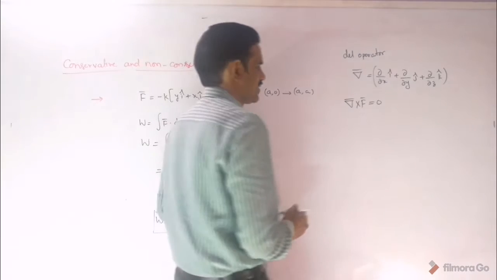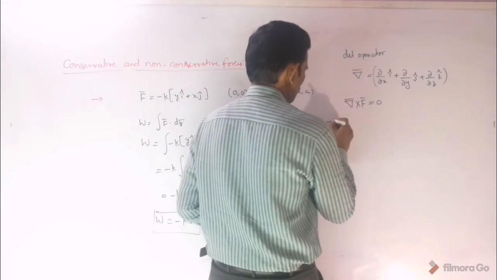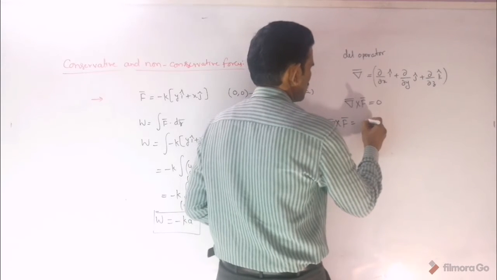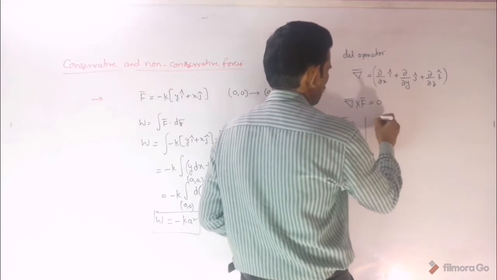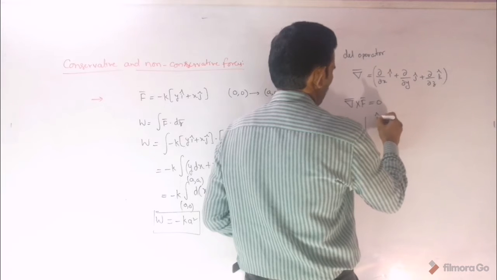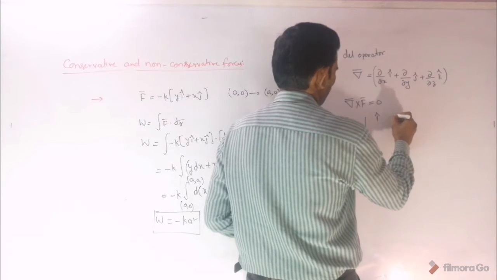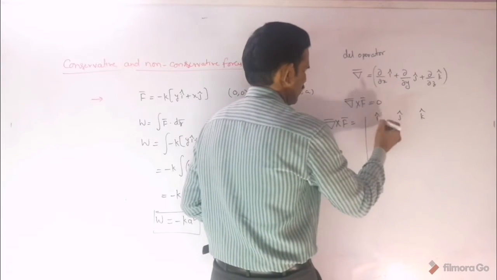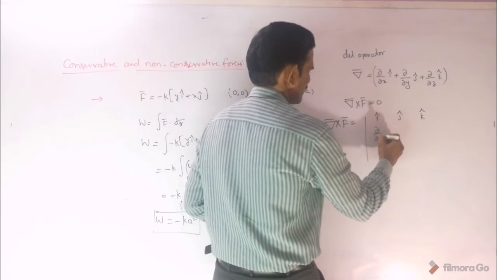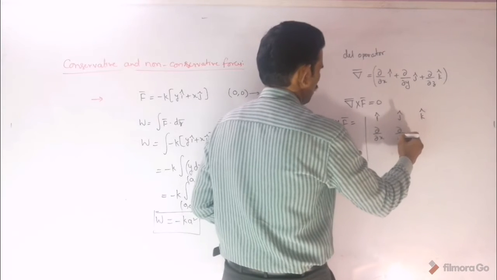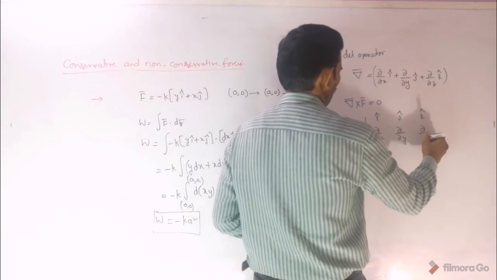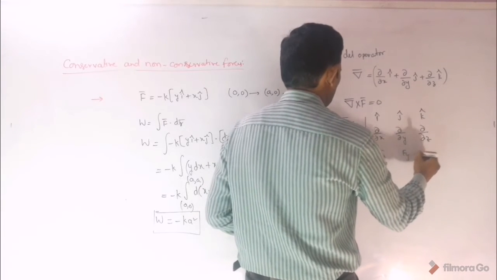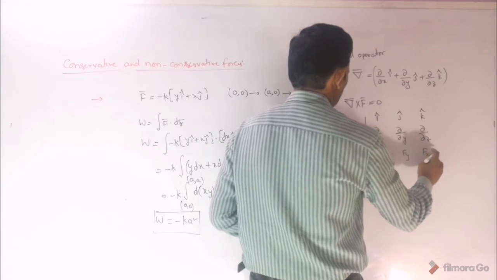Now del bar cross F bar is equal to, we know how to find this value. Suppose these are i cap, j cap and k cap. The del operator I am writing here as dou by dou x, dou by dou y, dou by dou z. And suppose F is taken in terms of three components, Fx, Fy and Fz.